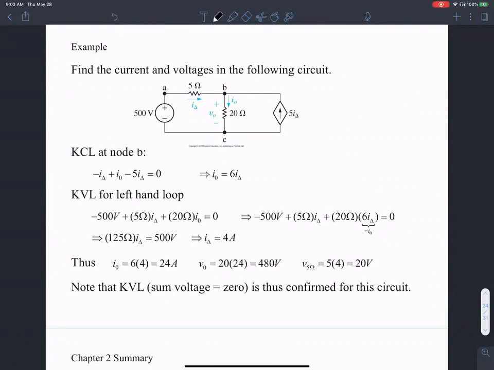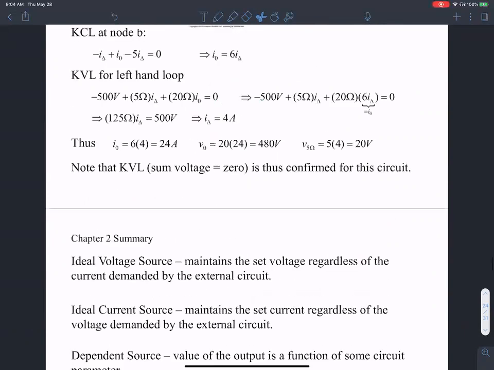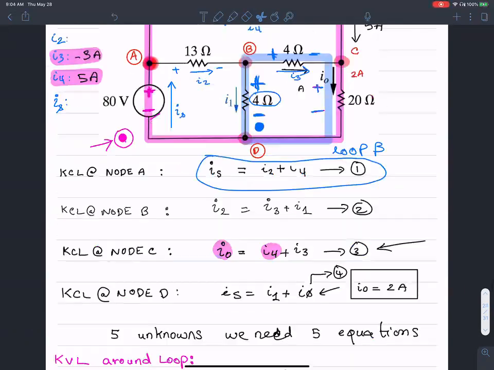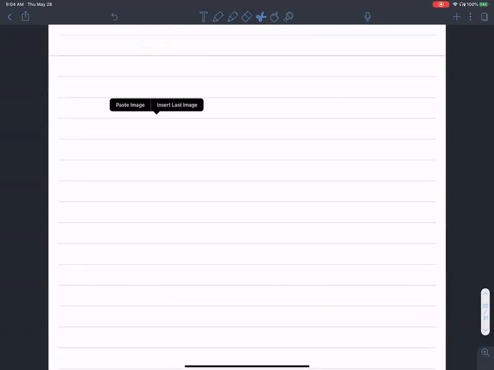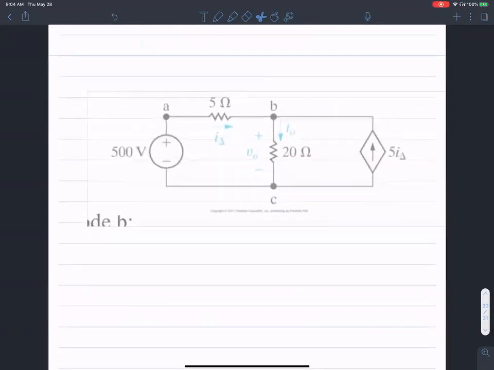Before that, we can look at this one. Why don't we look at this problem? Okay, let's copy that. Then we can come back to solve problem 2.35.